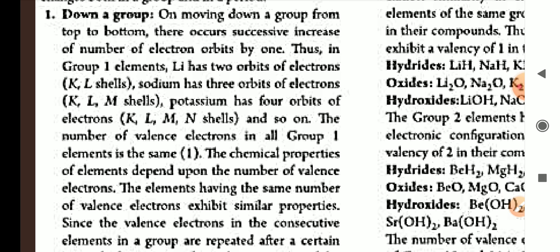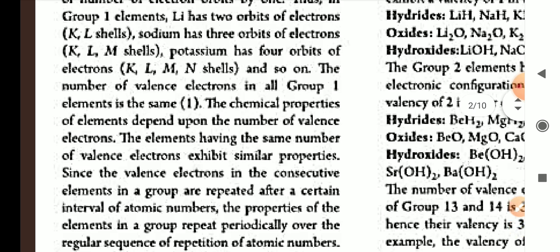One by one means, in the case of sodium it is 2, 8, 1. When you go to potassium, it is 2, 8, 8, 1. So one orbit increases when you come down the group. Thus in group 1 elements, lithium has 2 orbits, sodium has 3 orbits, potassium has 4 orbits, and so on.